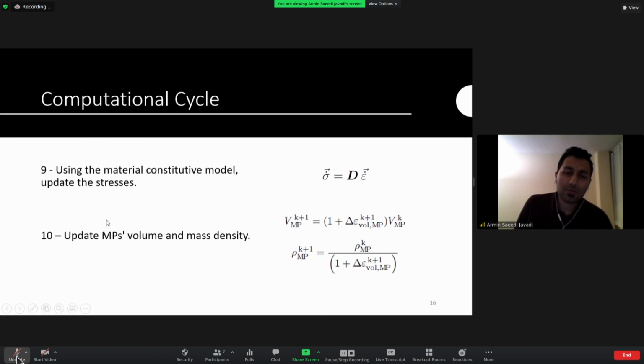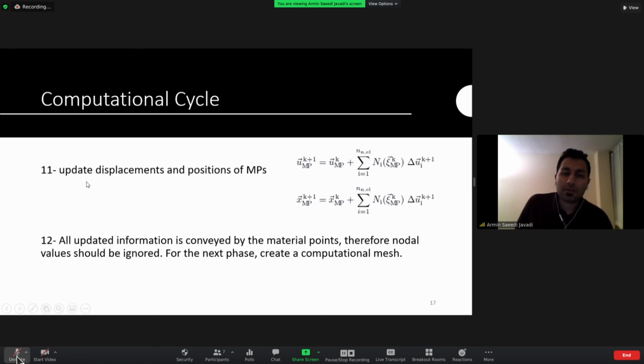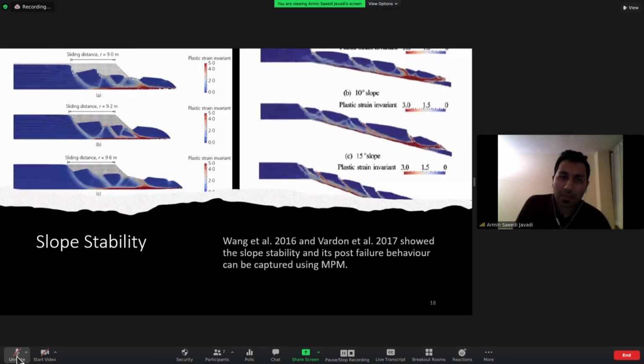First, we need to update the material points volume and mass density. Then we need to update the displacement and position of our material points. And now we have all the updated information in our material points. We don't need the values in our nodal points, and we can reset and discard those values.